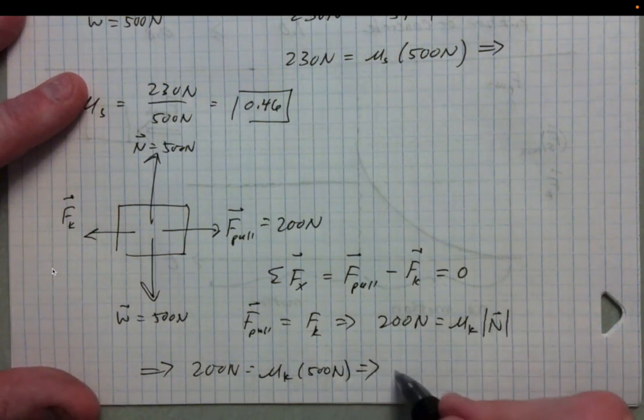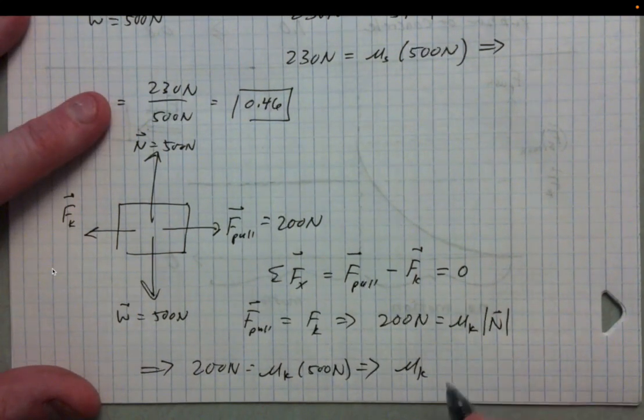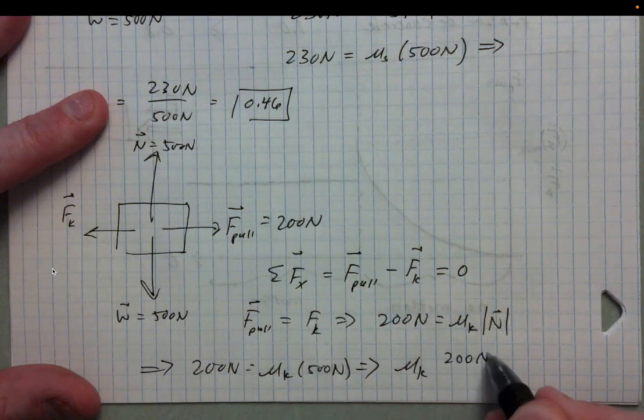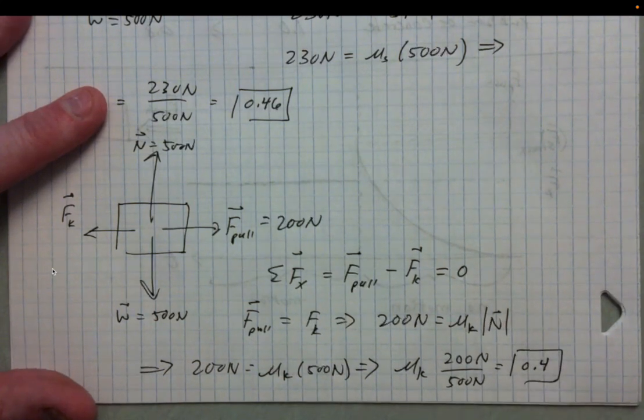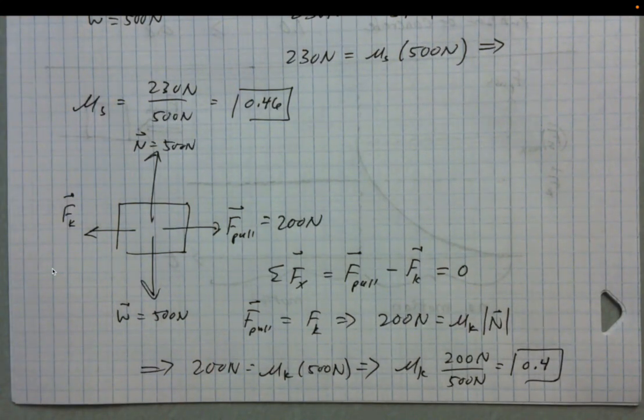So the kinetic friction coefficient is 200 over 500, which is 0.4. So that's how, given the pulling or pushing forces that generate equilibriums, both with zero velocity and with non-zero velocity, you can generate the static and kinetic coefficients.